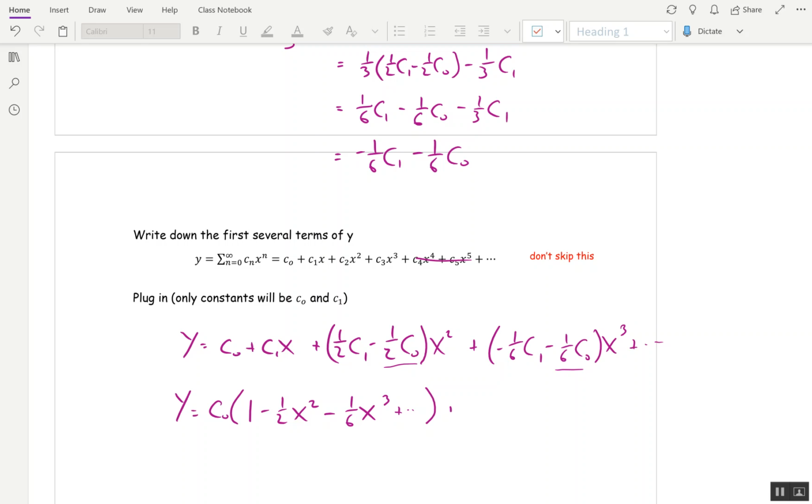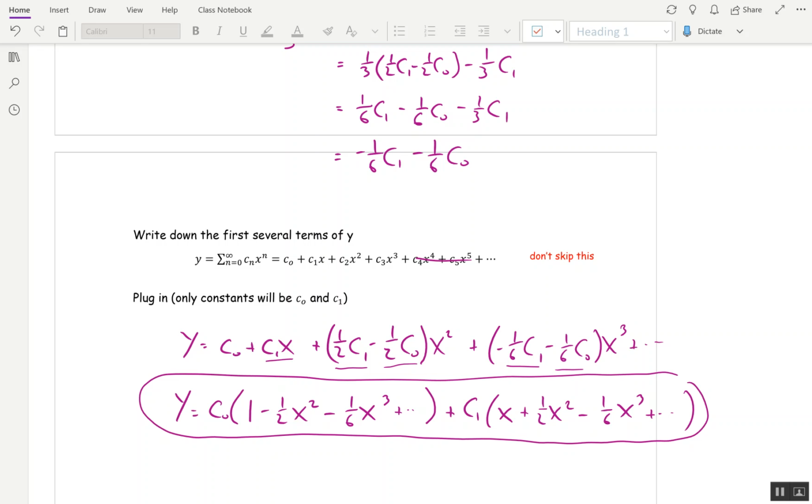Then I got my C1 terms. I've got x, and then here, when I distribute, I'll get plus 1/2 x squared, and then I've got over here minus 1/6 x cubed, plus dot dot dot, and that's it.